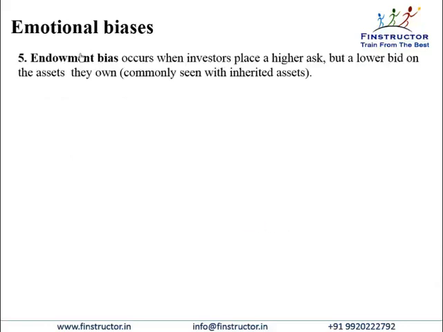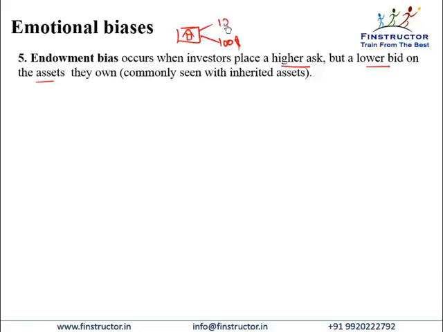The fifth emotional bias is called endowment. So this is when investors place a higher ask but a lower bid on the assets they own, very commonly seen with inherited assets. So if you ask the value of the investor's house, what is the fair price at which you will buy the house, the answer will be $100. But what is the price at which you yourself will be willing to sell it?